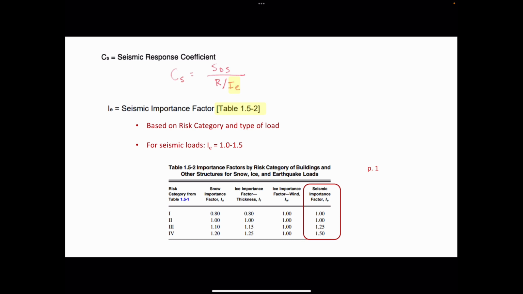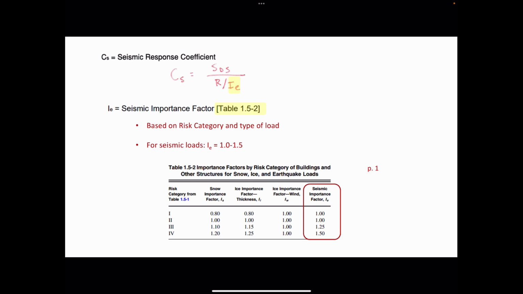Next, we need to talk about this IE. This is the importance factor specifically for seismic loads. So importance factor is another one of those things that shows up for different environmental loads. This can be found in the first page of the ASCE handout. So this is the table at the bottom of that page, 1.5-2.